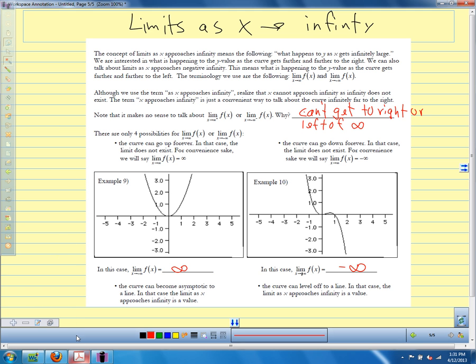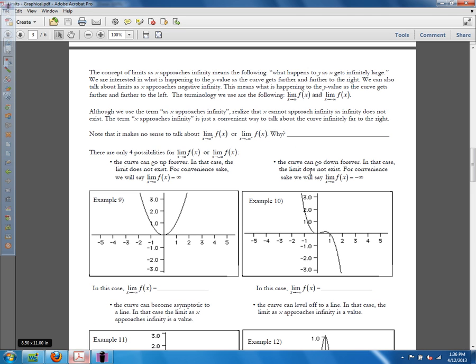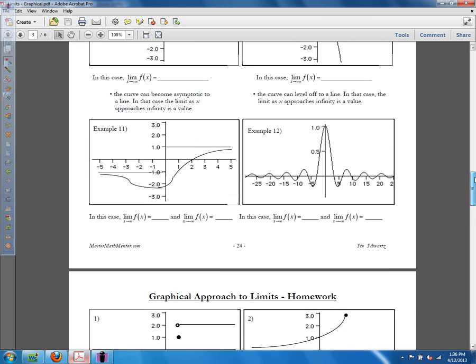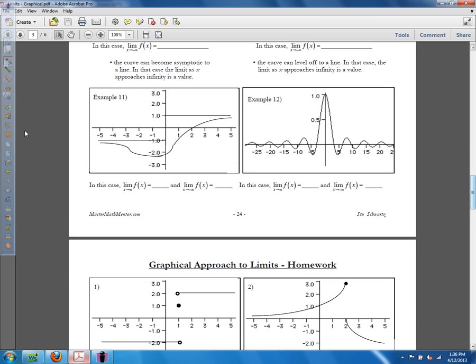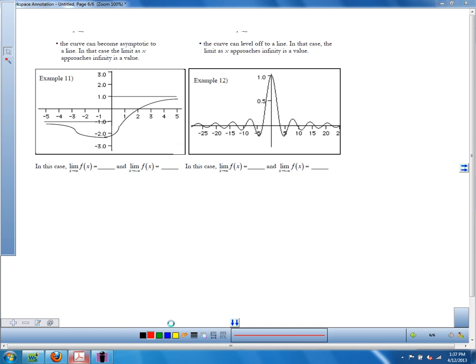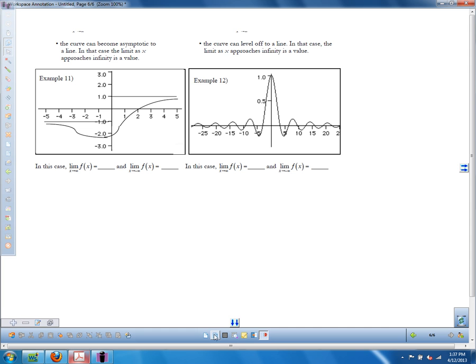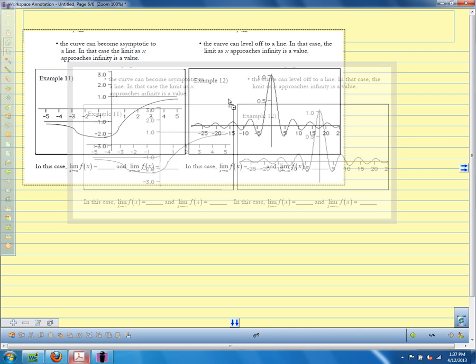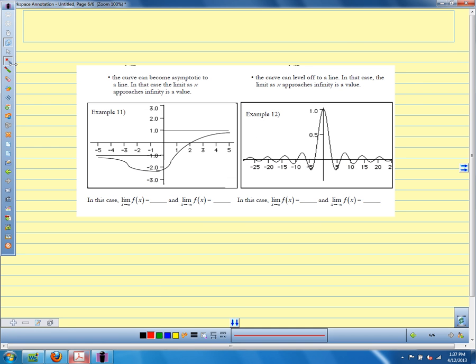Our next two possibilities have to do with asymptotes. So this is our third possibility, that we can have a horizontal asymptote.